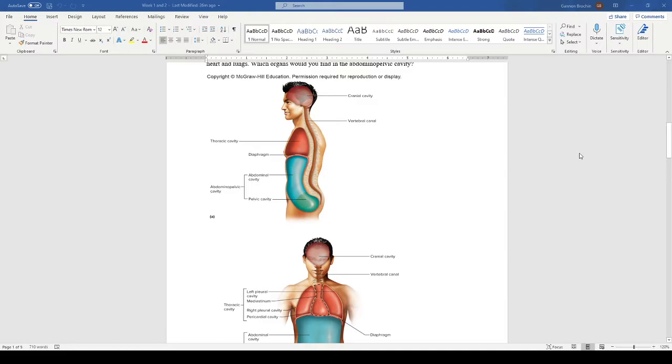Then there's the abdominal cavity. Immediately below it, a lot of the main digestive organs, and then the pelvic cavity, which you'll see reproductive organs, some of the end stage digestive system, things of that nature. So those two can also be combined because they are technically one continuous space, and that can be called the abdominopelvic cavity.